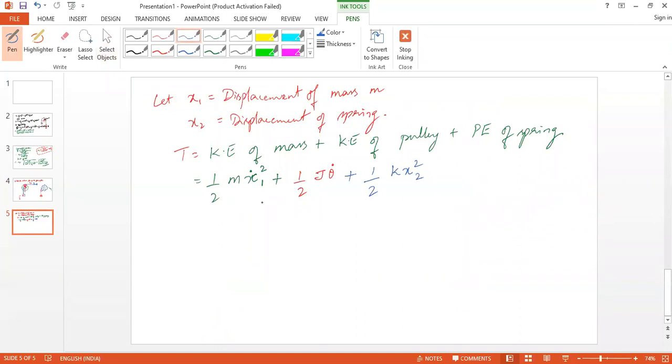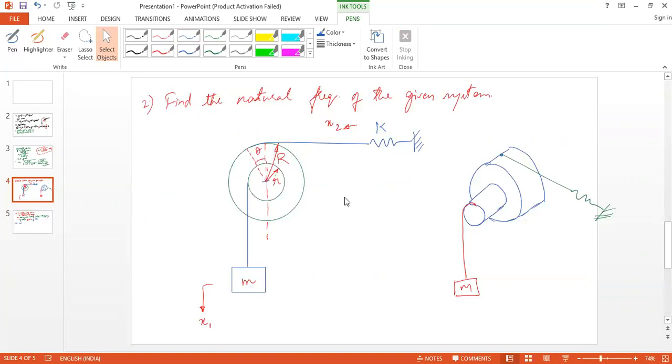Okay, and we know that this x2 is equal to what? x is equal to r theta. That is what we have used in the last problem. So here, what should I write? Capital R theta.